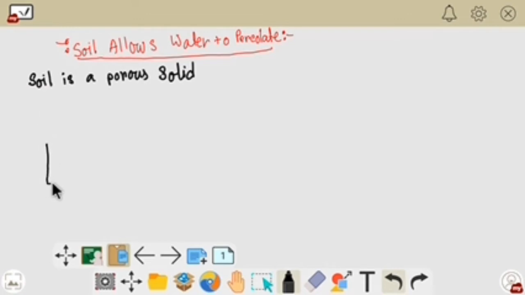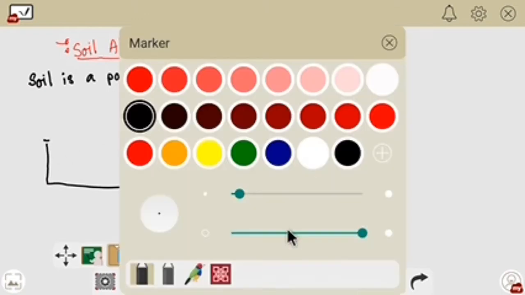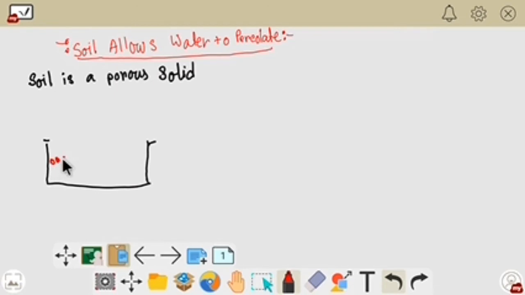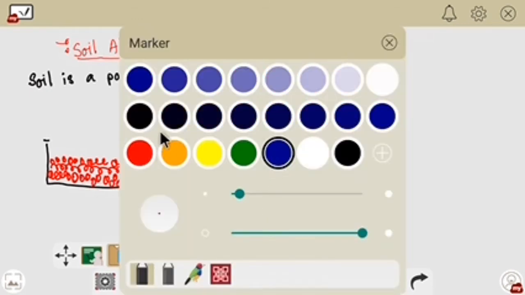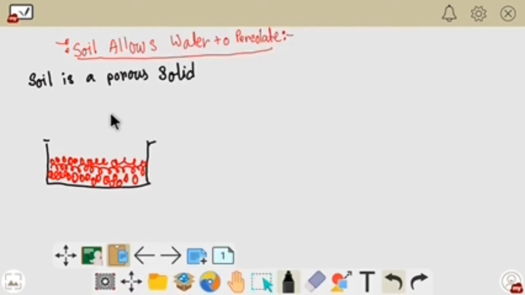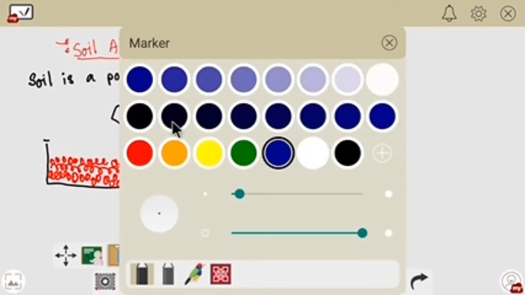To understand this, let's take a beaker and put some soil. I am drawing some small particles as soil. These are soil, and there are many gaps present. Suppose there is a measuring cylinder or any cylinder where water is taken.